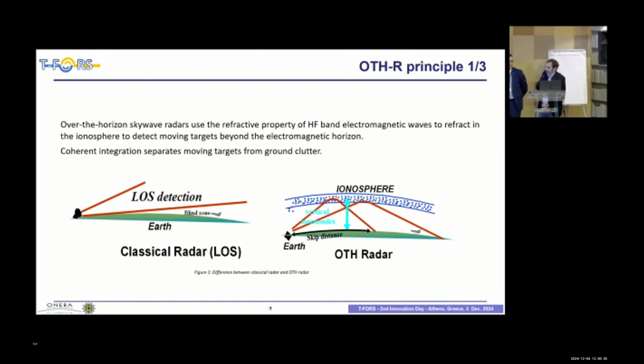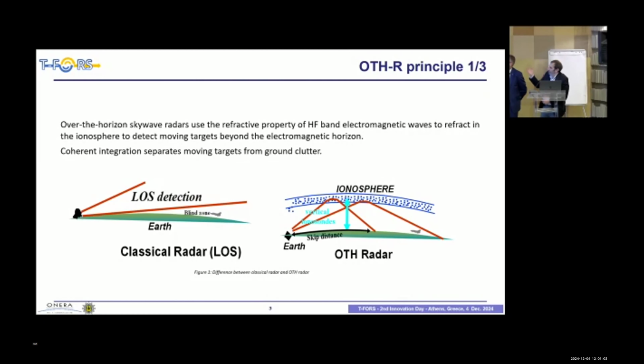And this allows us to use the ionosphere somehow as a secondary mirror, and then by radar signal processing, we can extract and detect not only clutter but also moving targets thanks to the Doppler analysis of the returns from the area under scope.